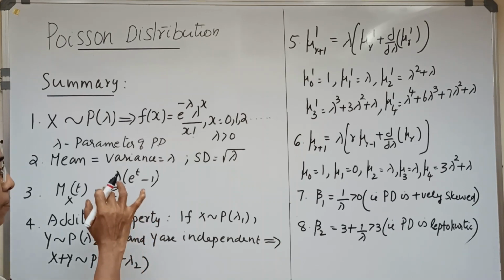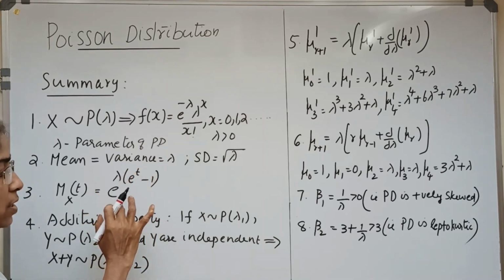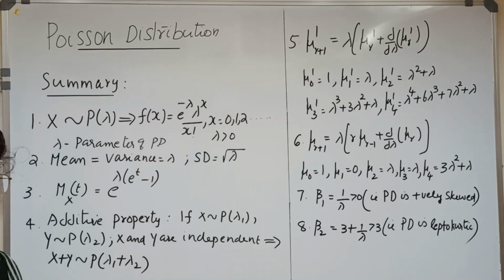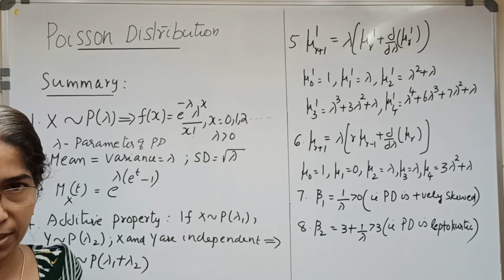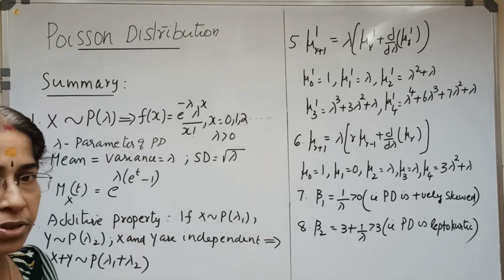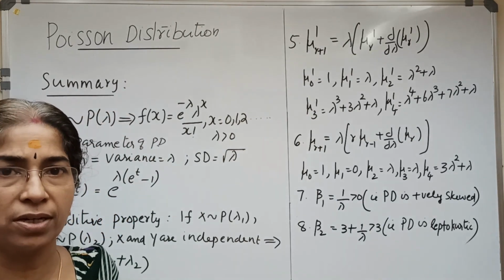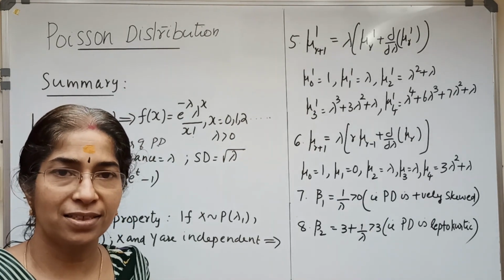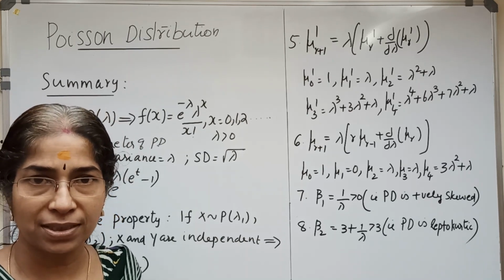We can find the mean and variance using the MGF, that is mu1 dash equals d by dt of M_X(t) at t equal to 0, which gives mean equal to lambda, and mu2 dash equals d square by dt square of M_X(t) at t equal to 0, which gives lambda square plus lambda.